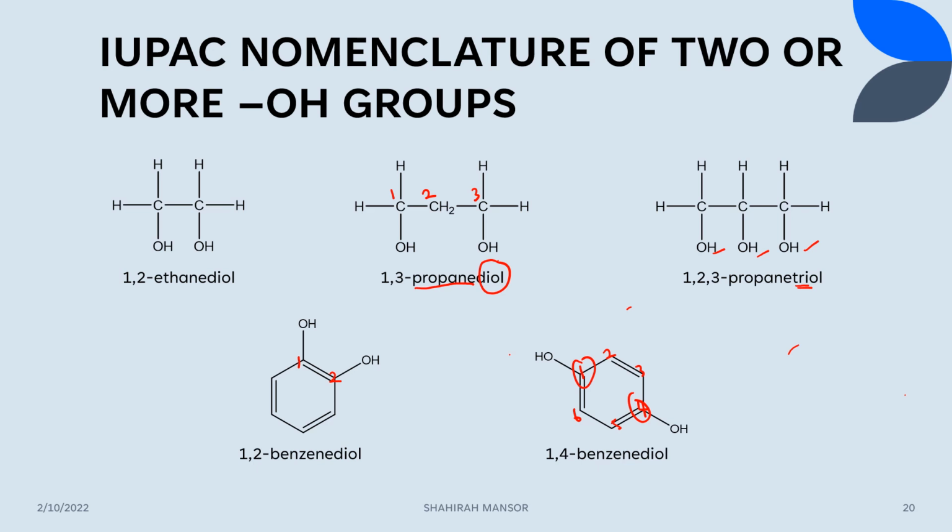P for para, to represent the 1,4 position. So that's all you need to know for IUPAC nomenclature of alcohols. For now, you can start doing the tutorial questions for IUPAC nomenclature and structure drawing. All the best.